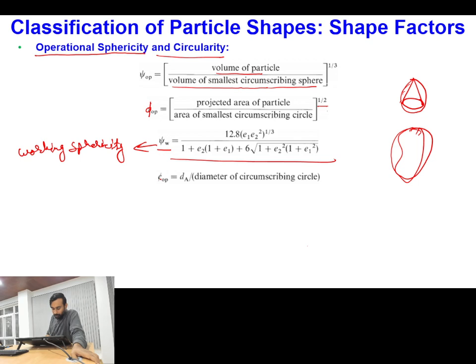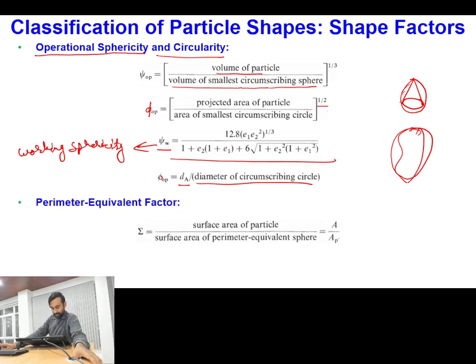Then for operational circularity, dA by diameter can also be taken as another small approximation. This one is an area approximation. So instead of calculating the area, simply taking the diameter ratio can also give some workable value. Then we have one more factor called the perimeter equivalent factor.